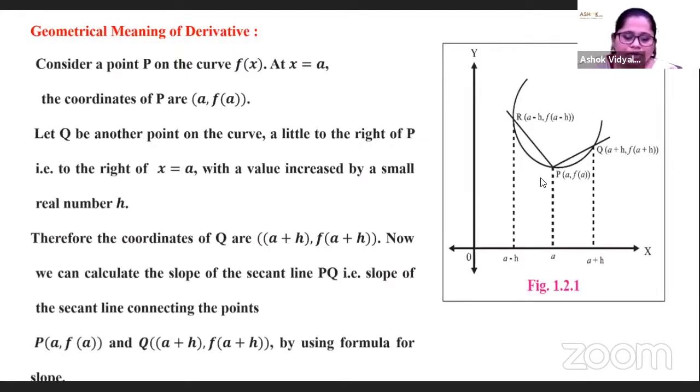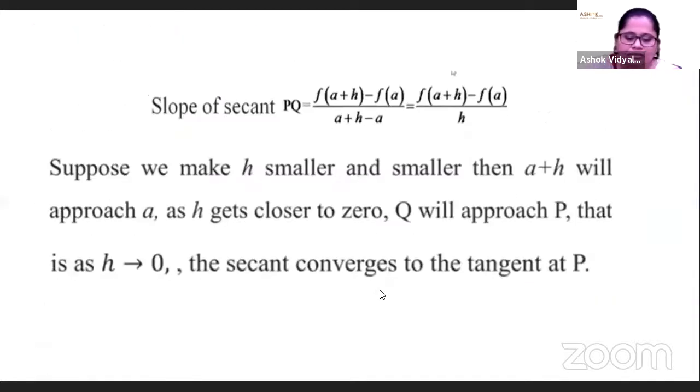Now, we can calculate the slope of the secant line PQ. Here, the slope of the secant line connecting point P, (a, f of a), and point Q, (a plus h, f of a plus h).